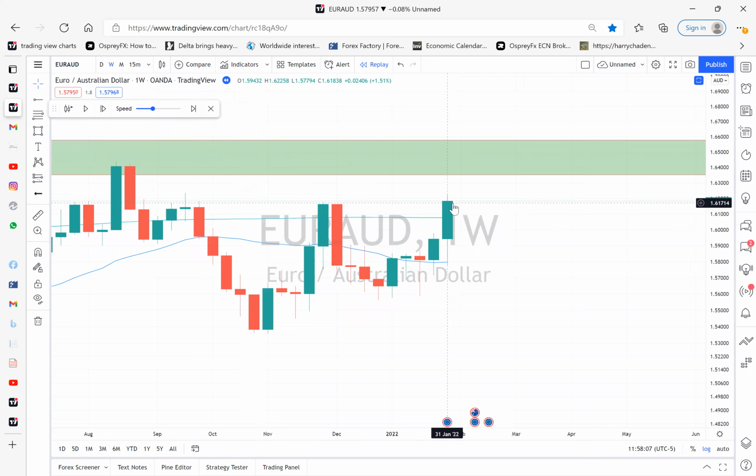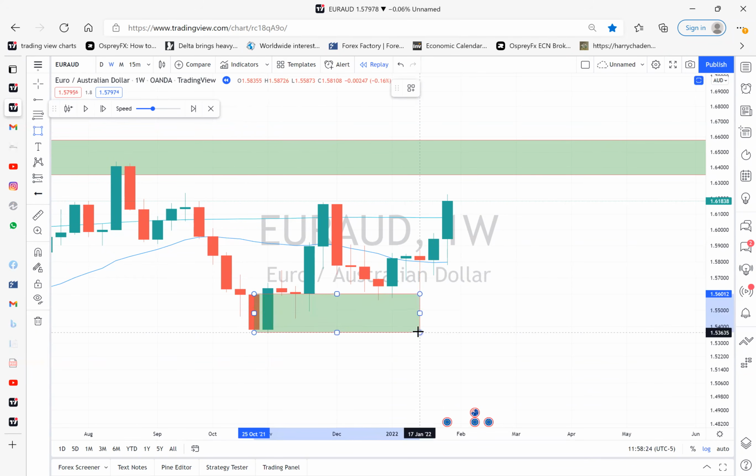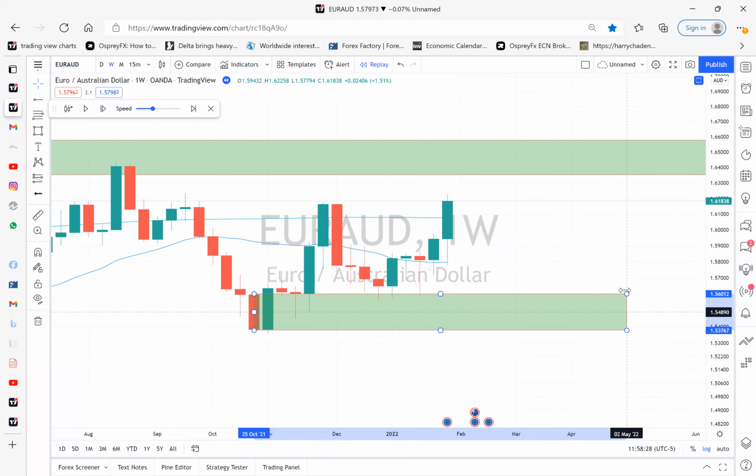So I figured that we were going to get a pullback on this candle and the market would push into this order block, then it would turn around and come back down, all right? Now I figured we can get a move from here, either down to this order block, but more importantly, I thought it would push into this order block, right?